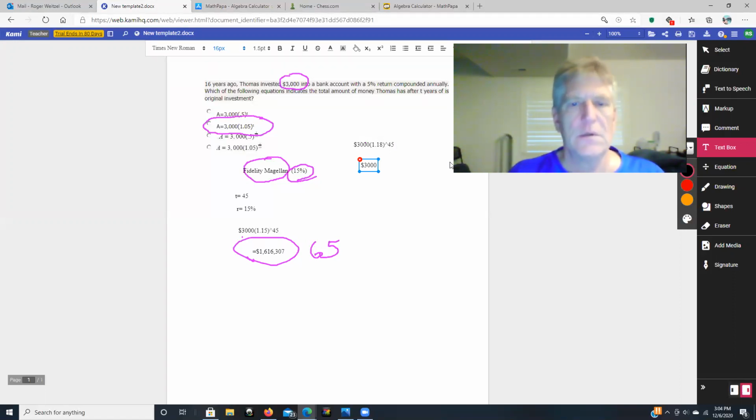Well, we can just do the multiplication. We've already got all the numbers. So we're going to take $3,000 times 1.18, y to the x, 45 equals, and it's going to equal 5.2 million.